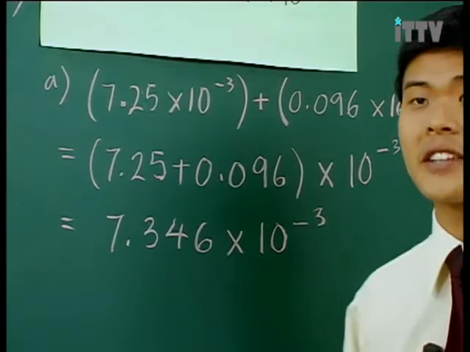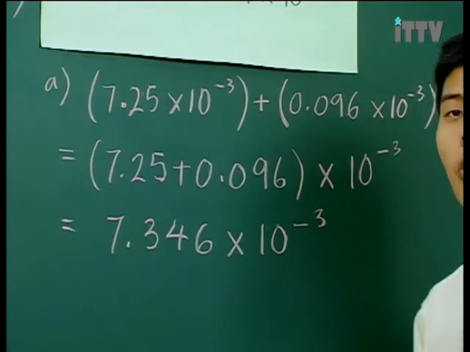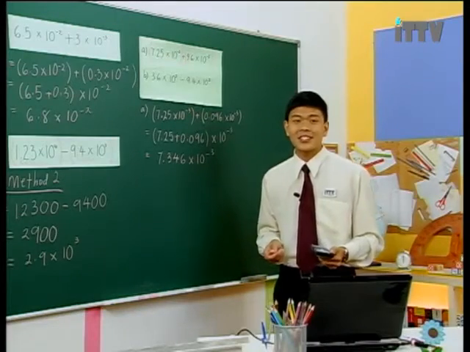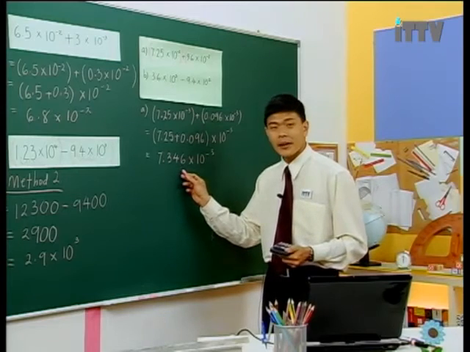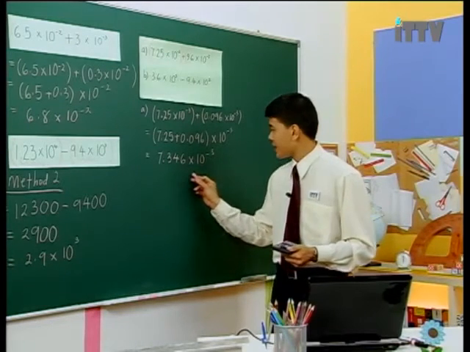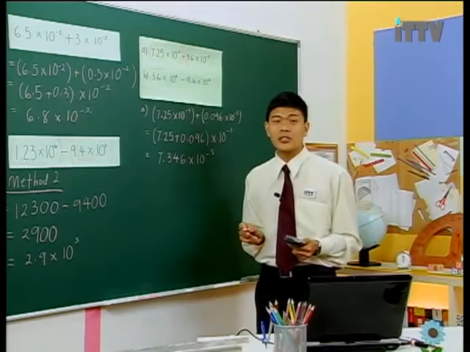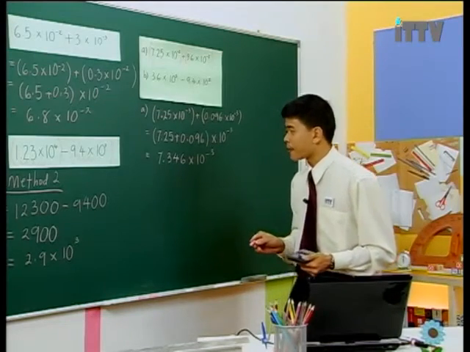And lastly, check it. Is your final answer already in standard form? Yes, it is. Why? Remember, A is already between 1 and 10, and everything else follows the method of standard form.